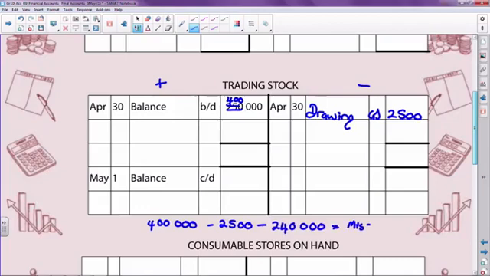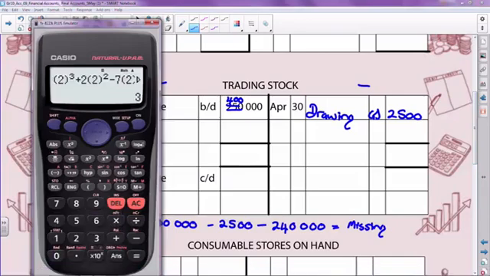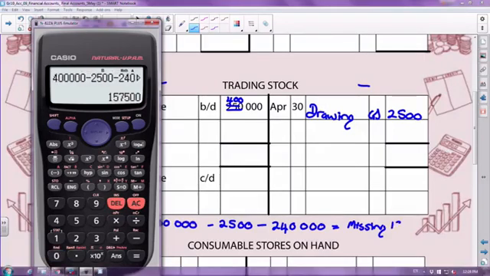And this is your missing stock. Now, guys, remember, we need to be prudent. Stock has gone missing. What stock did we lose? And very nicely, let's go and calculate it quickly. So we'll go onto the calculator and we'll say 400,000 minus 2,500 minus 240,000. And that will give you 157,500. And this stock is missing, guys.